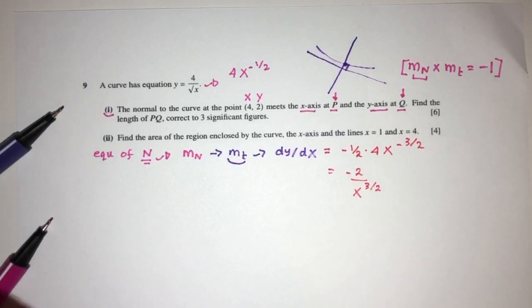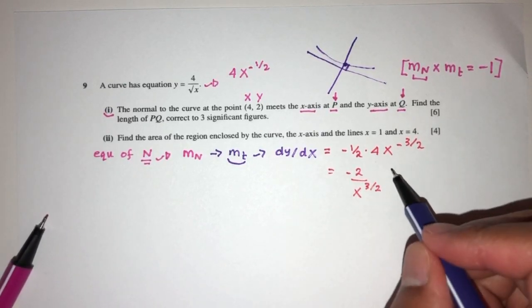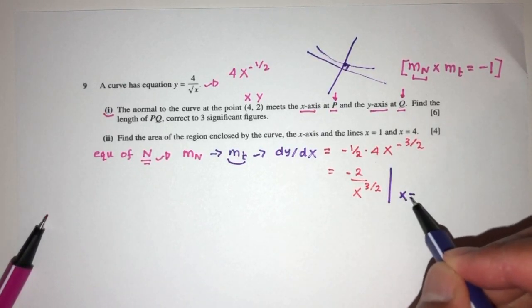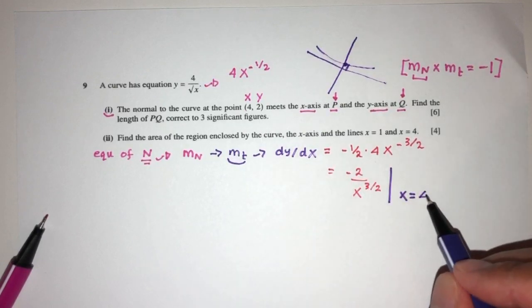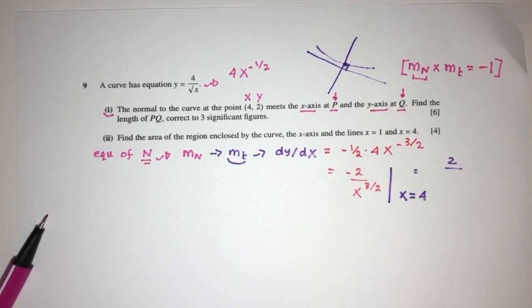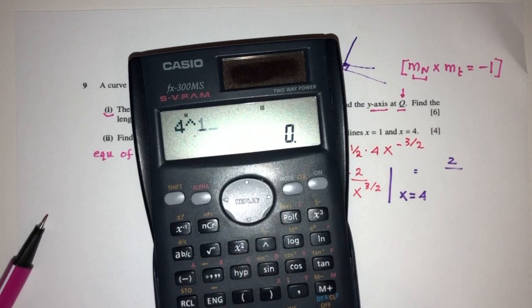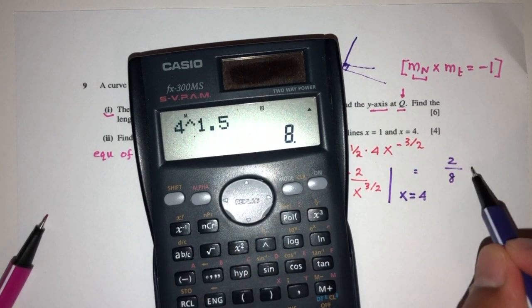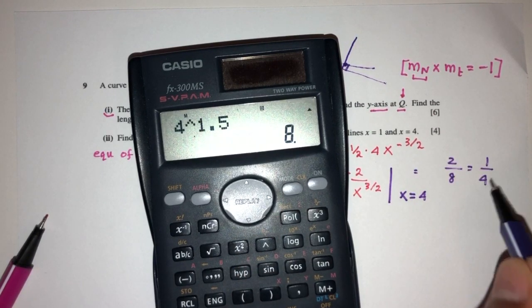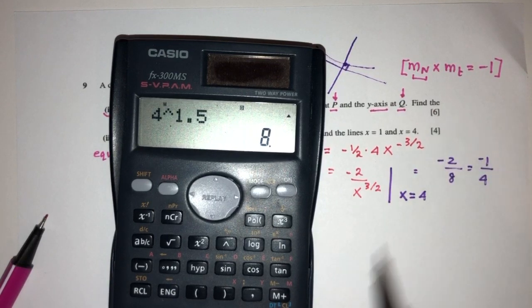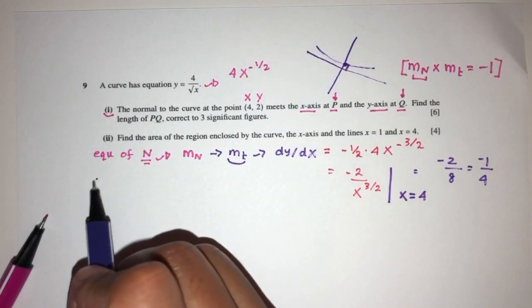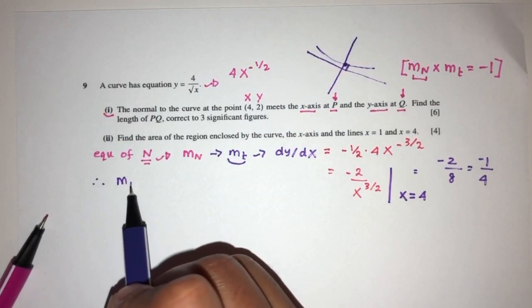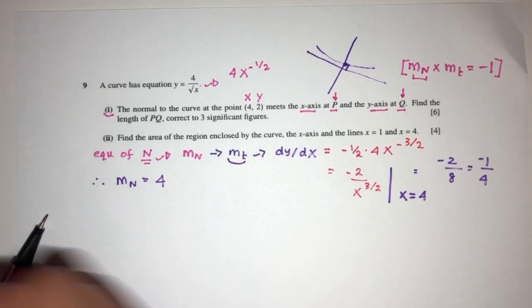This is dy by dx. Now we have to find this value at x equal to 4. That should be minus 2 over 4 to the power 1.5, which is 8. That should be minus 1 over 4. Now from this we can derive the gradient of the normal has to be the value of 4.